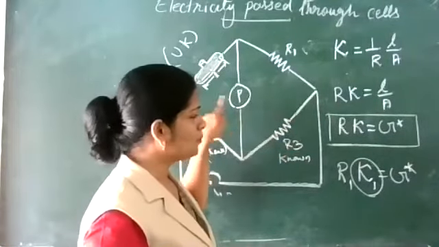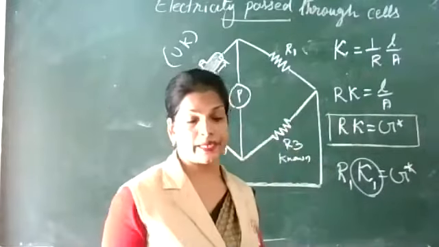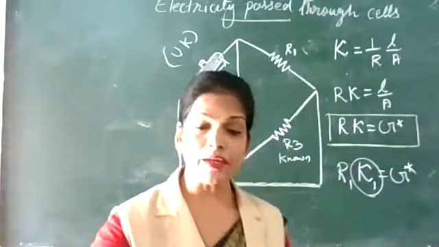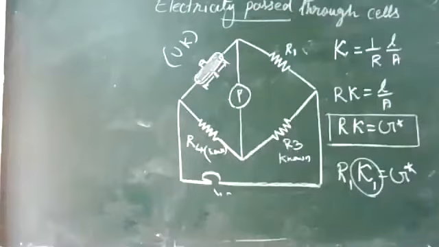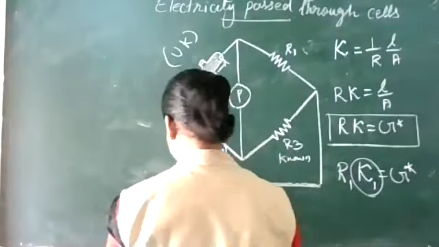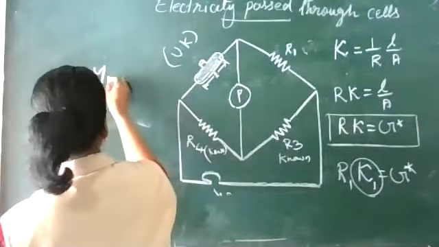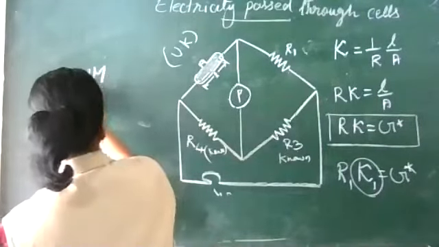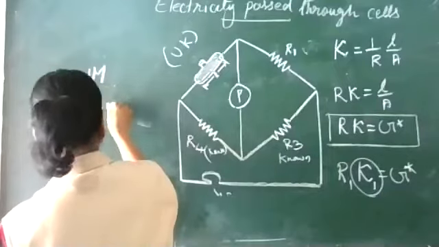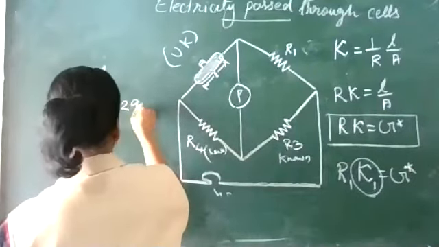For example, 0.1 molar KCl solution. For 0.1 molar KCl solution, kappa is given as 1.29.